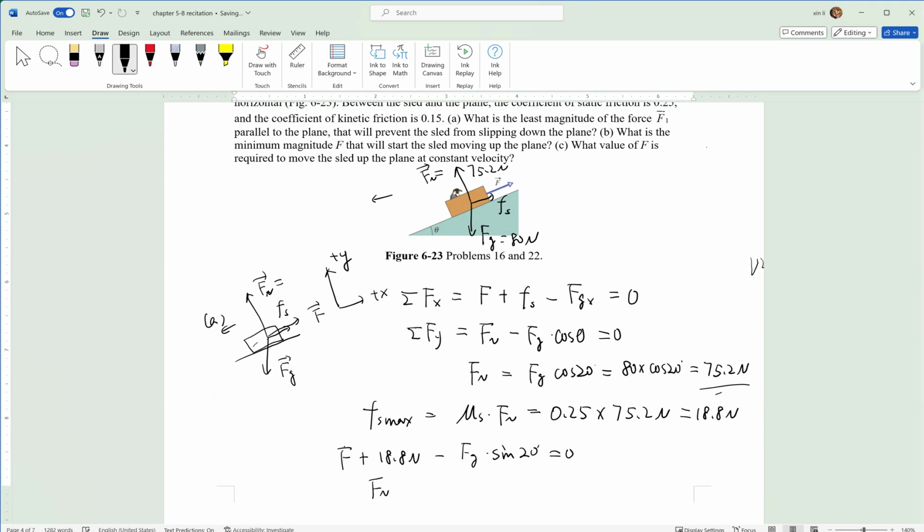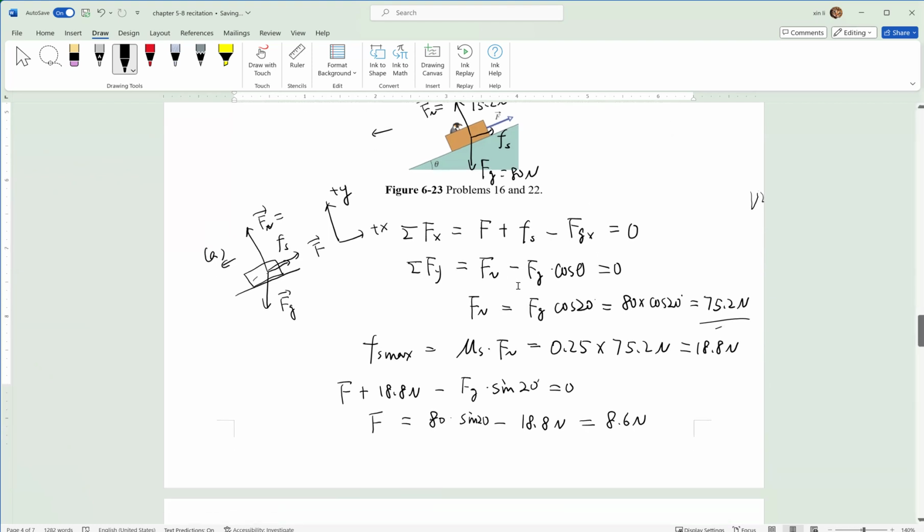So your applied force, this is not the normal force, your applied force will be equal to Fg, 80 times sine 20, minus 18.8 Newton. And then what you are going to get is 8.6 Newton. Okay, so this is our calculation. And this is the first part, and now part B.